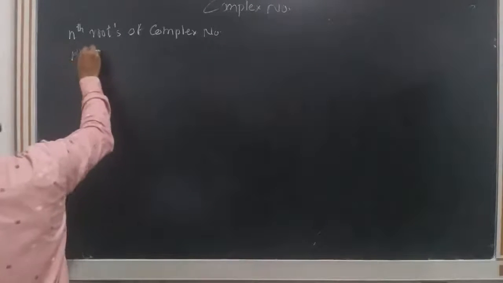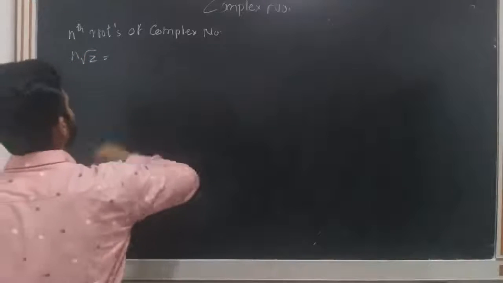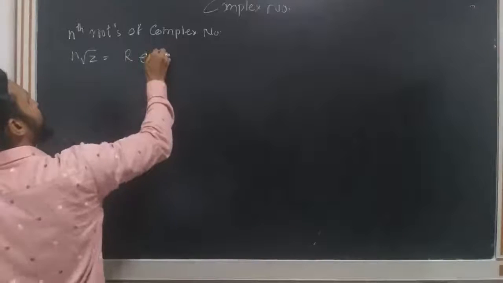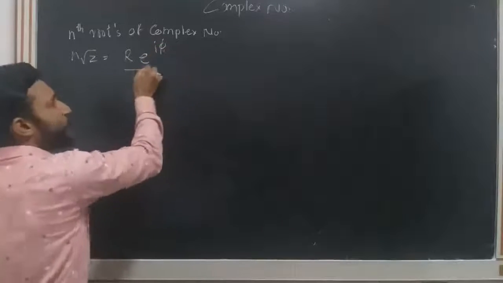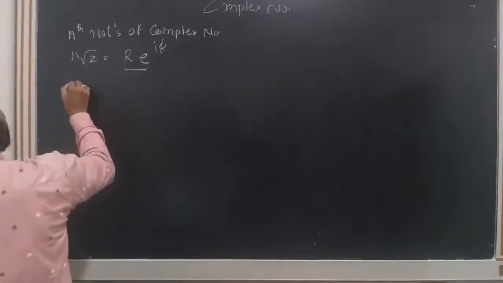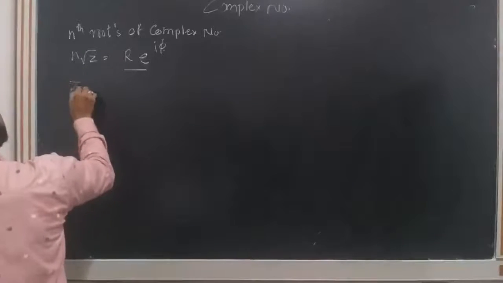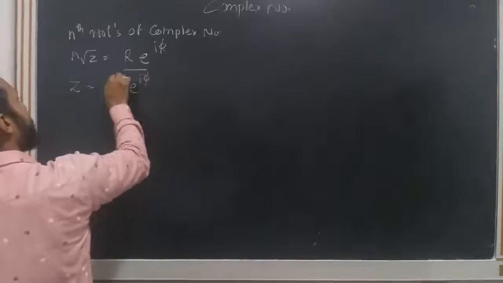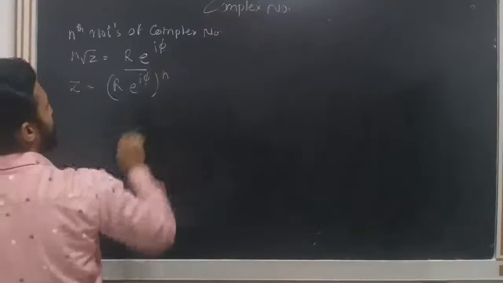So the nth root of the complex number is equal to r e raised to i phi. This is also the form of a complex number. So therefore we can rewrite this: z is equal to (r e raised to i phi) raised to n.